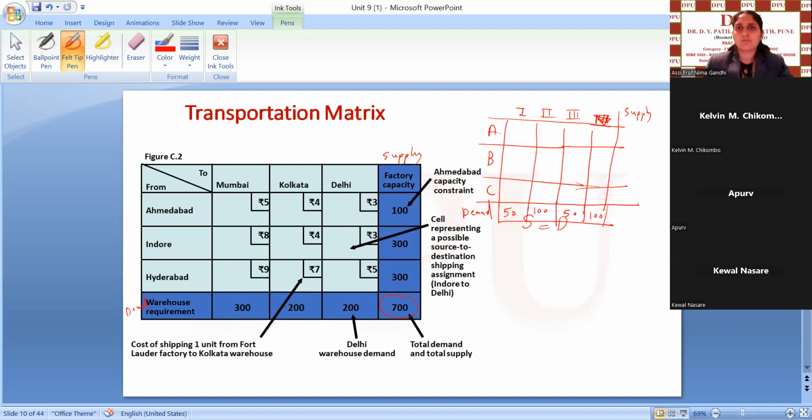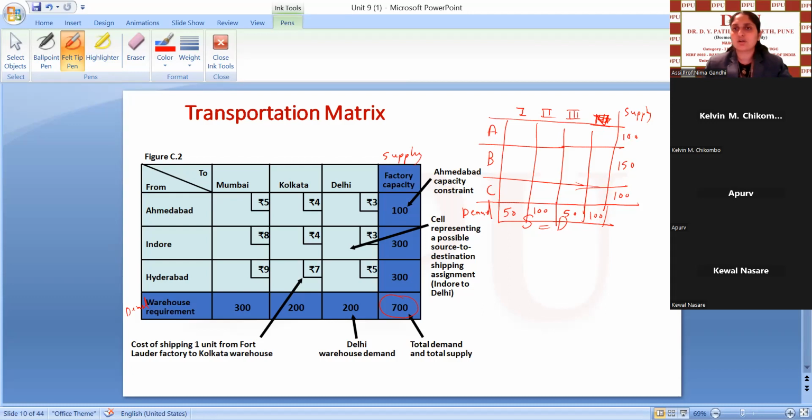Total production of A is, let's say, 100, B is producing 150, and C is producing 100. So the total available supply is 350 and the total demand is 200, right?